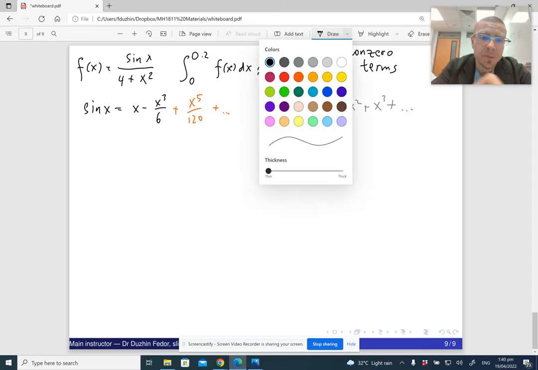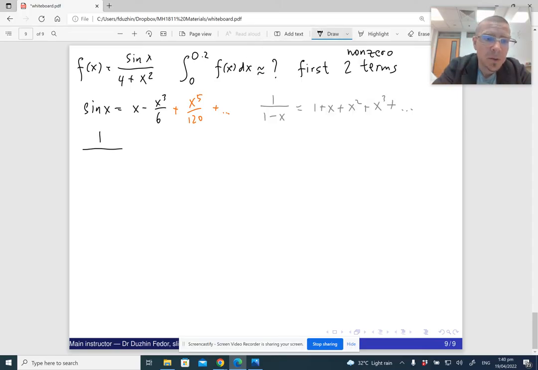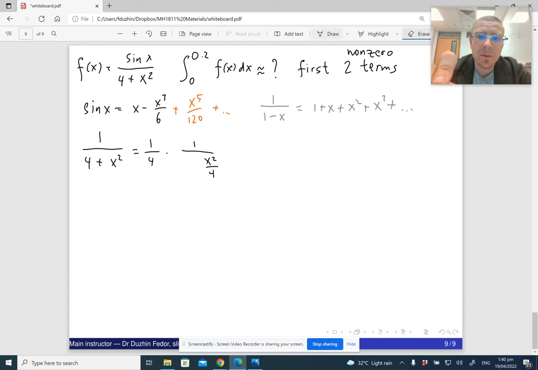Here we have 1 over 4 plus x squared, which is 1 over 4 times 1 over 1 plus x squared over 4. And plus x squared over 4 is really the same as 1 minus minus x squared over 4.